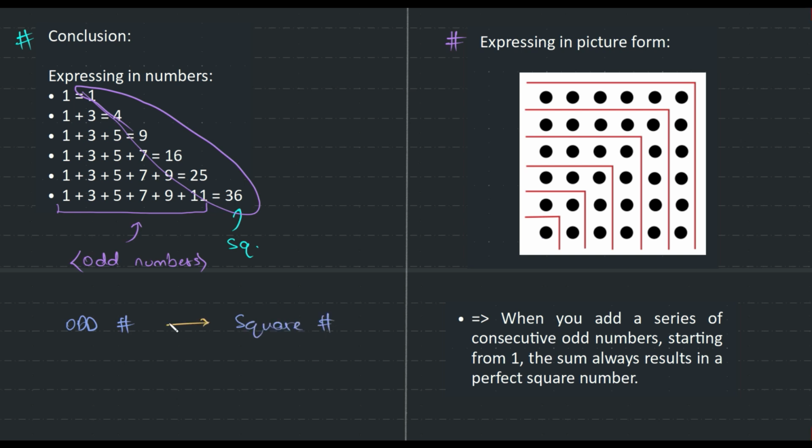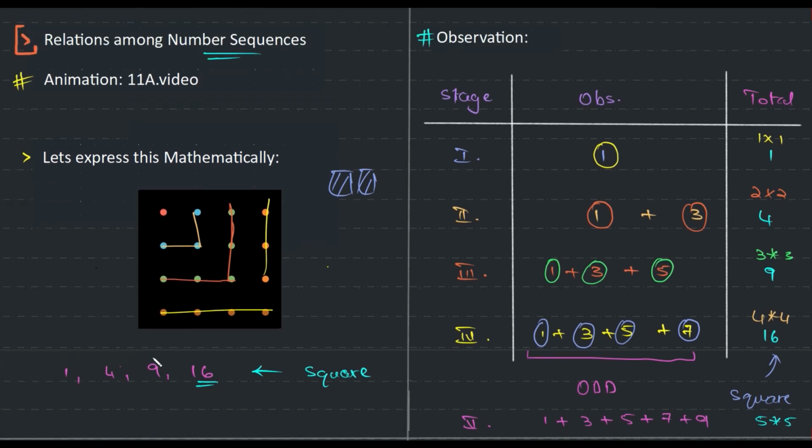So there is a relation, and that's what we are trying to show you guys over here. There are a set of numbers that can be related to another set of numbers, and it's not just limited to relations between numbers themselves. The sequences can also be related to each other.